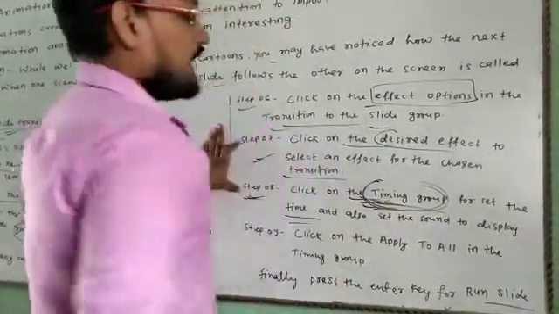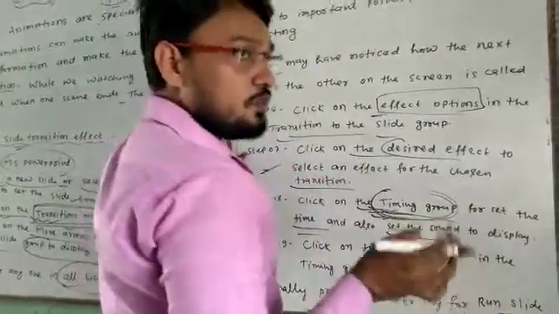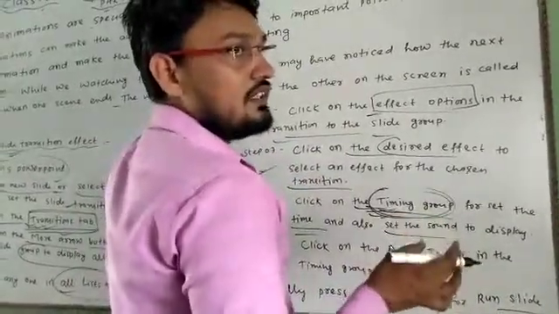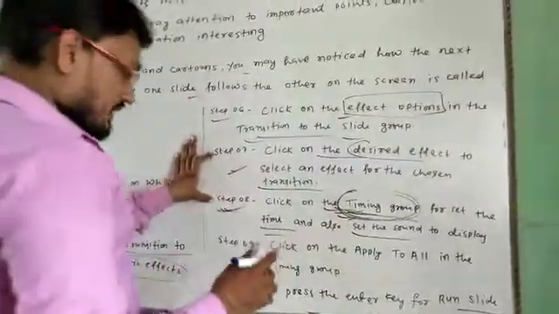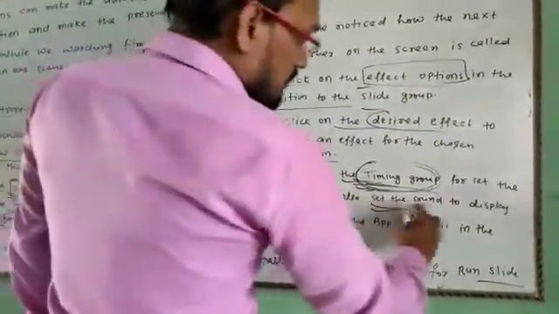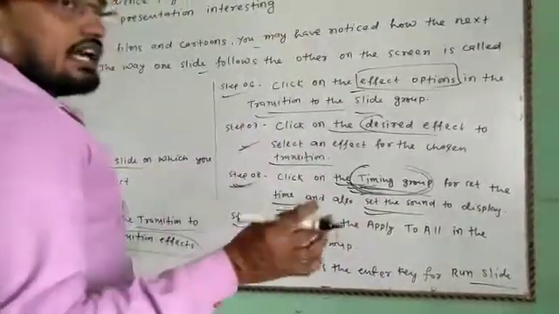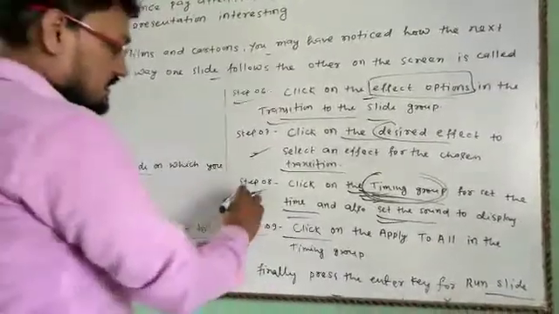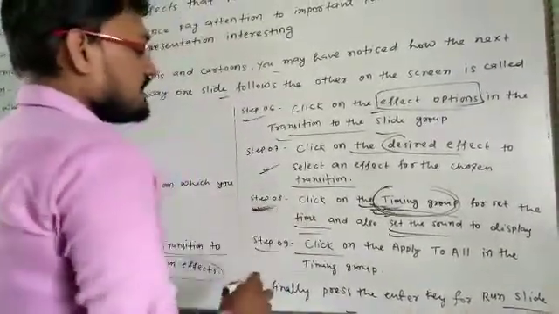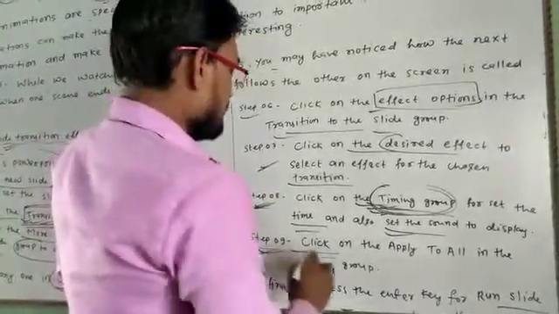After setting the time, we also set the sound to play when running our PowerPoint presentation. We can set any kind of sound, and after that we go to our next step.